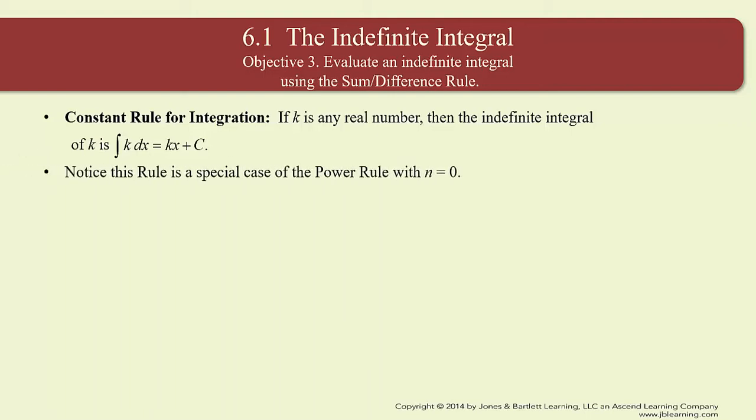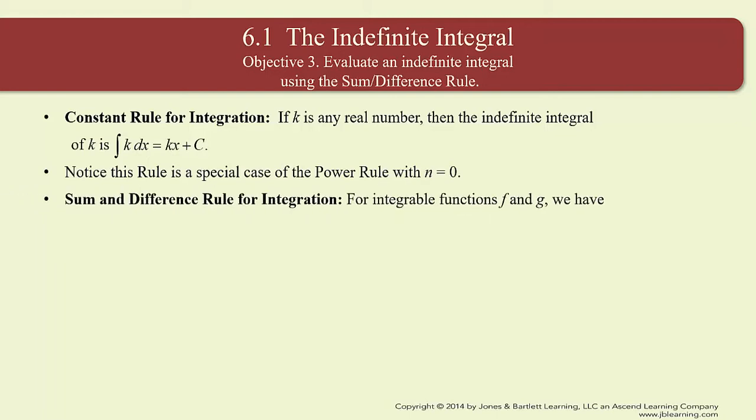This rule is really nothing more than a special case of the power rule. If you look at the power rule and let n be 0, it's just a special case of that. But it's pretty friendly. For example, if you're going to integrate 3 dx, the antiderivative of 3 dx is simply 3x plus c.